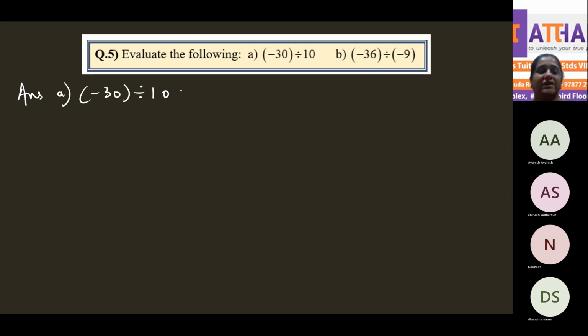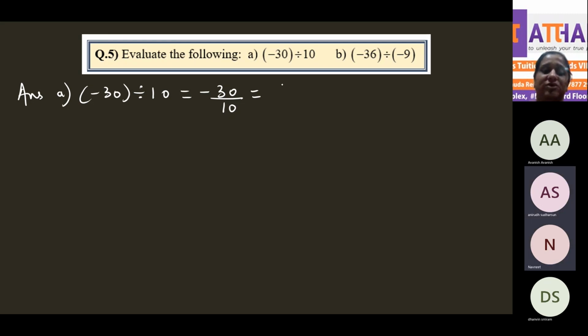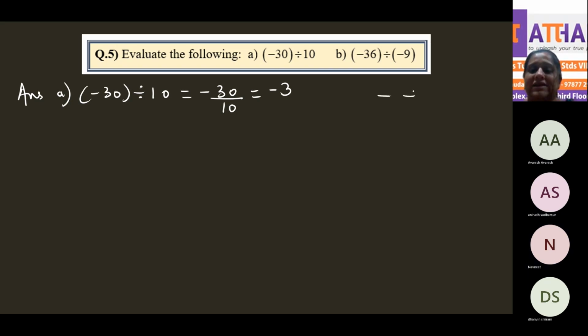Okay, so first you must write this as minus 30 by 10 like this. So what is 30 by 10? 30 by 10 is 3. And minus divided by plus? Minus. Okay, Anil, what is minus divided by minus? Plus, ma'am.